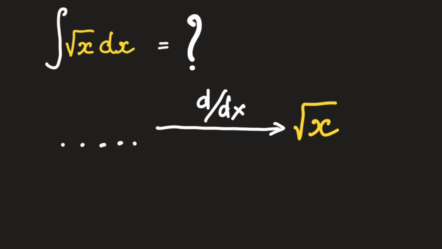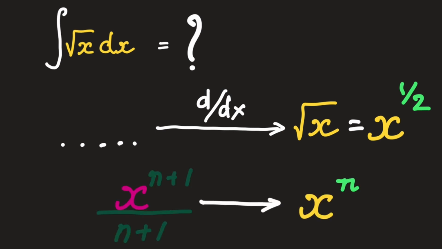What is an antiderivative of square root of x? Well, square root of x is really just x to the 1/2. So we can just apply the power rule for n equals 1/2. Thus, the antiderivative of x to the 1/2 can be obtained by plugging in 1/2 for n here. And then you're welcome to simplify that expression for aesthetic reasons.